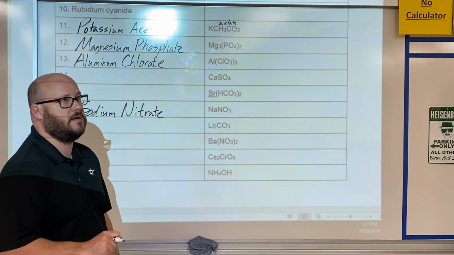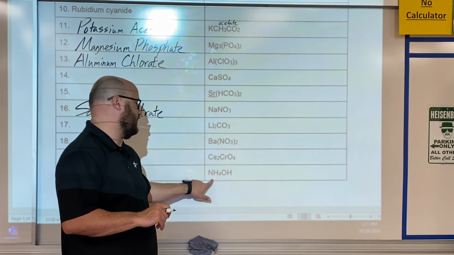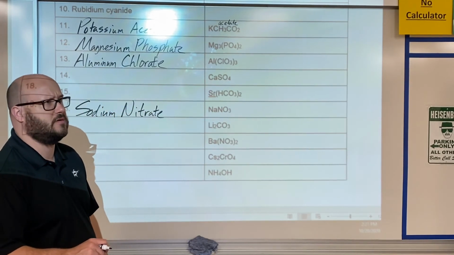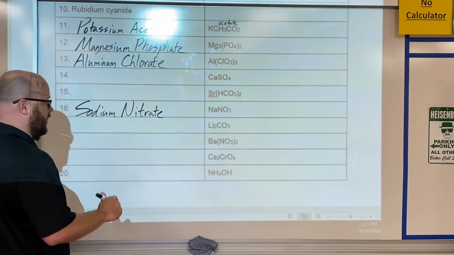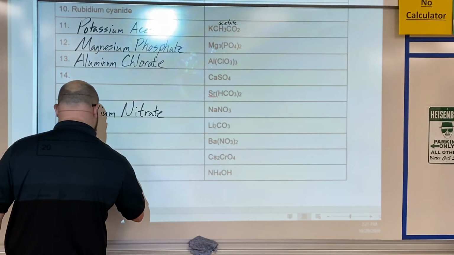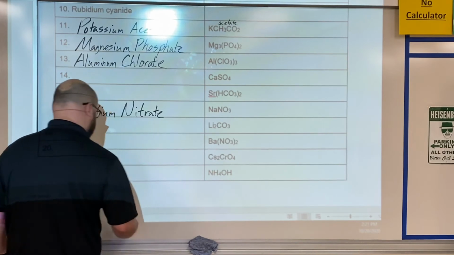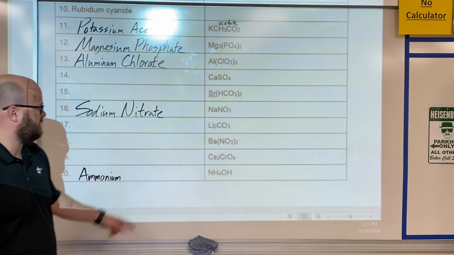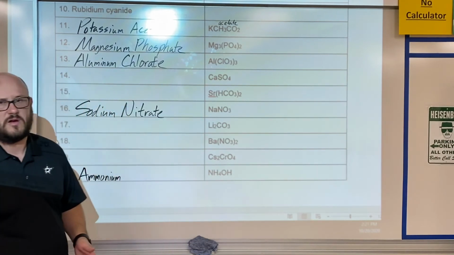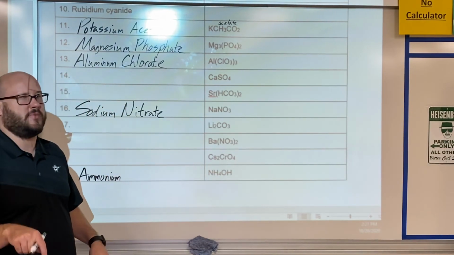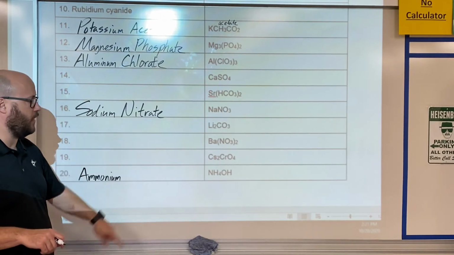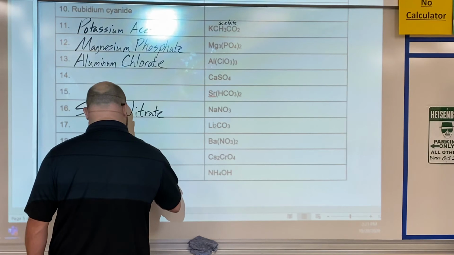one exception. This one right here, NH4OH. What's NH4? Ammonium, and then that's not one element, that's two. OH is that other polyatomic that you need to commit to memory. Ammonium is one, OH, hydroxide is the other.